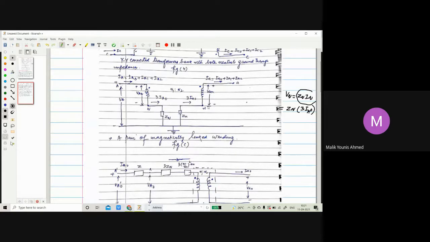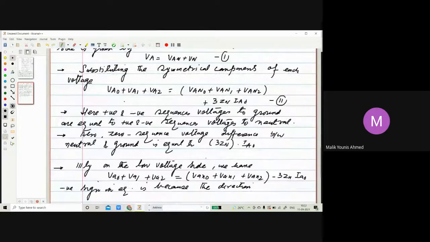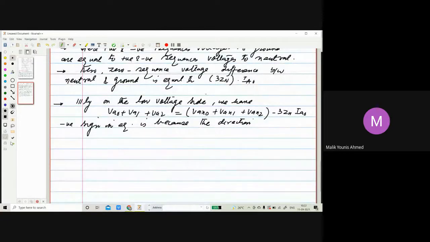This is positive, so this is going to the neutral, and that should be taken negative. That is just the notation we have been taking, because the direction of Ia naught is out of the transformer and into the lines on the low voltage side.